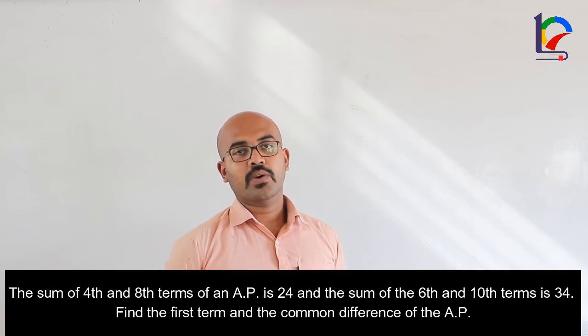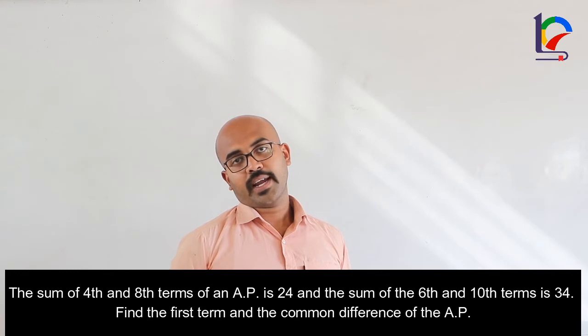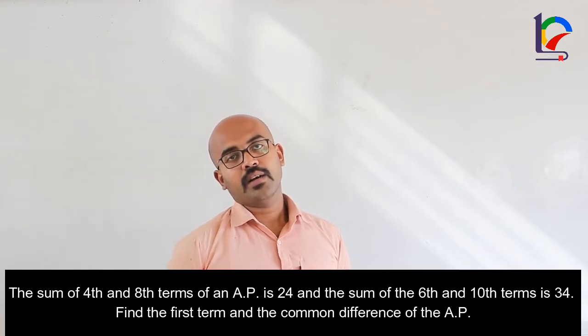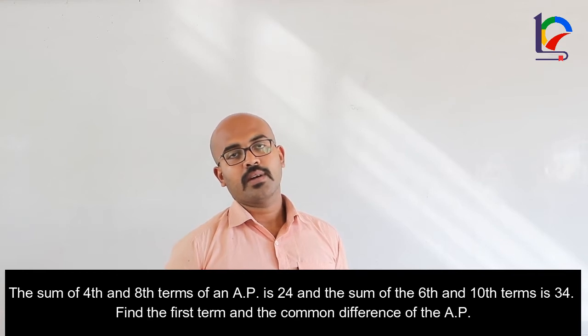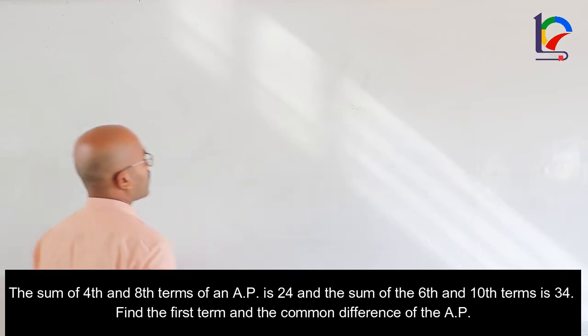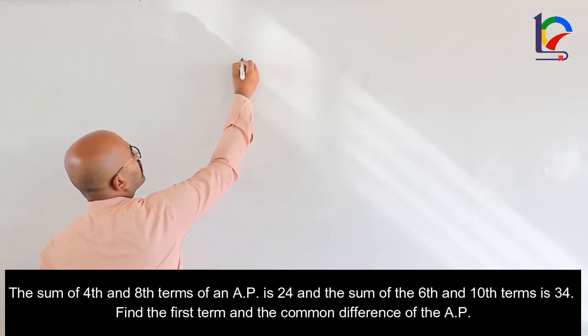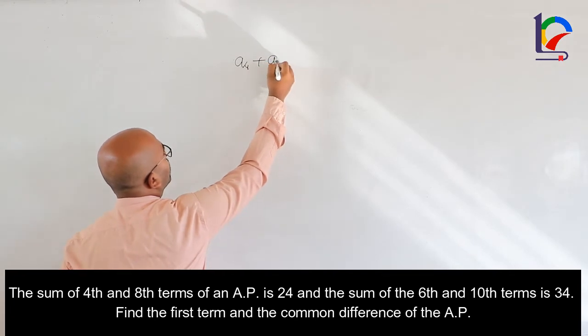But here we don't know the first term or the common difference, so it would be a bit time consuming to solve that way. So according to the condition they have given, the sum of the 4th term and 8th term.